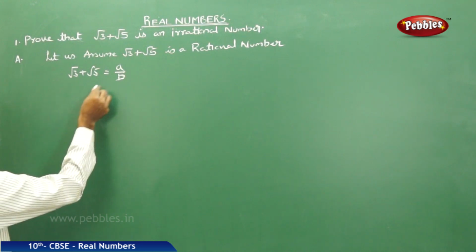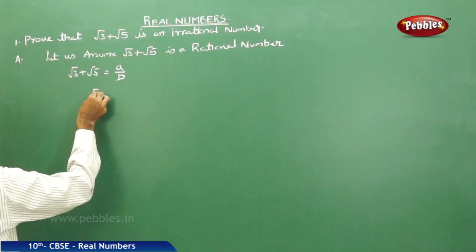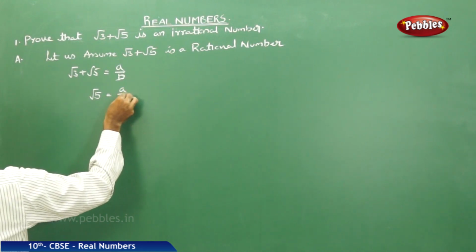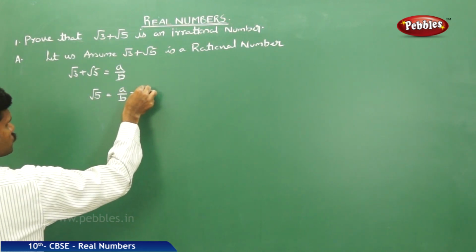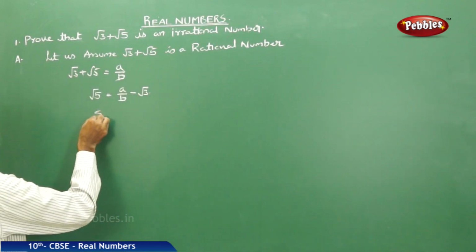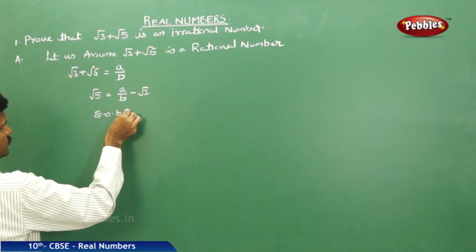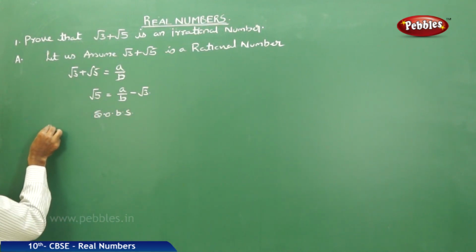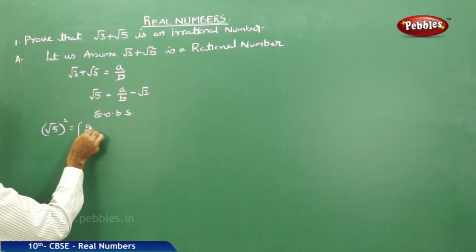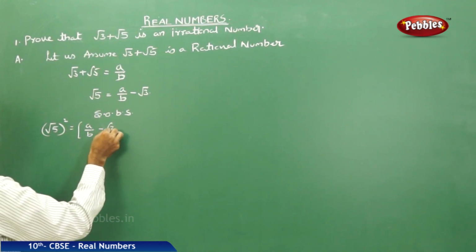Now root 5 is equal to a by b minus root 3. Next, squaring on both sides, root 5 whole square is equal to a by b minus root 3 whole square.